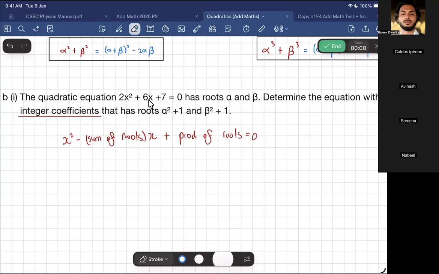Avinash and Serena, let me know what's going on. I would like you guys to send your answer in the chat. We sent it already, sir. Sent it? You multiplied everything by 4? Yes, sir. Oh, talking about in the group chat, huh? Oh, okay.